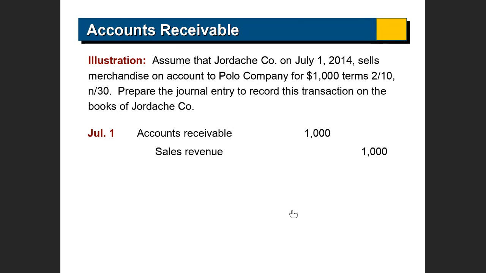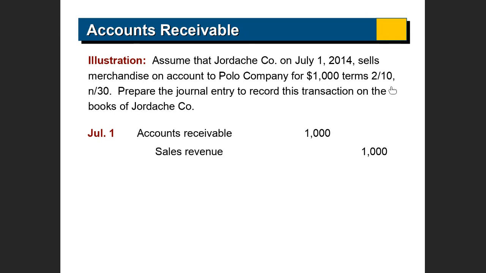Right. The 2/10, n/30, we're going to discuss. What does this mean? We did discuss this a little bit before. 2/10 means you get a 2% discount if you pay within 10 days. We addressed this a little bit, but we're going to clarify it even more. It will become even more clear to you. We touched on it before.